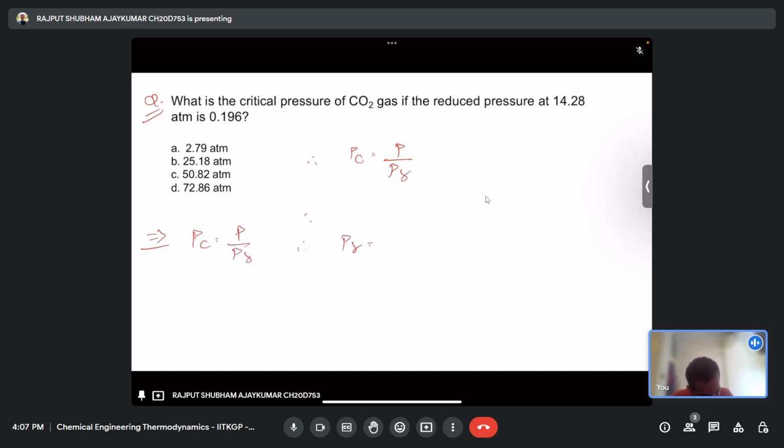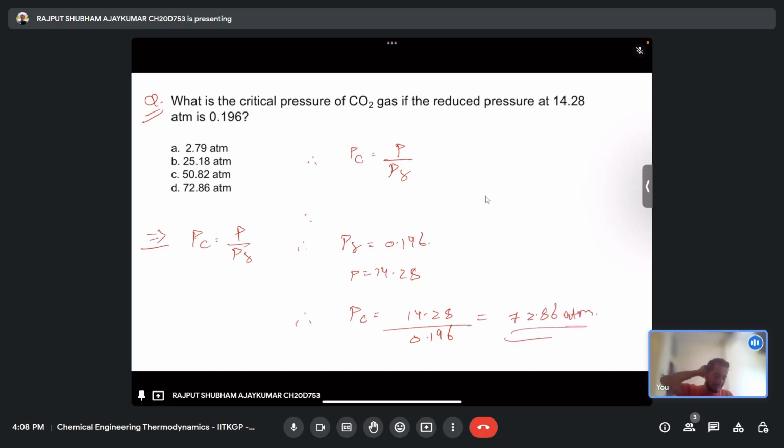Reduced pressure is given to us as 0.196 and P is given to us as 14.28. So what you have to do is just calculate 14.28 divided by 0.196. This comes out to be 72.86.